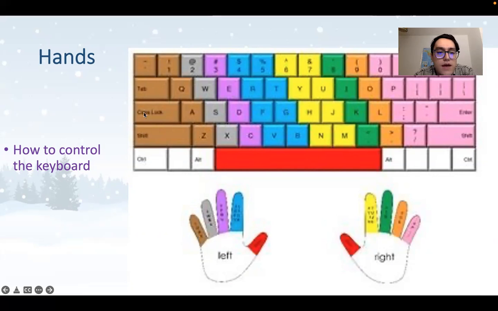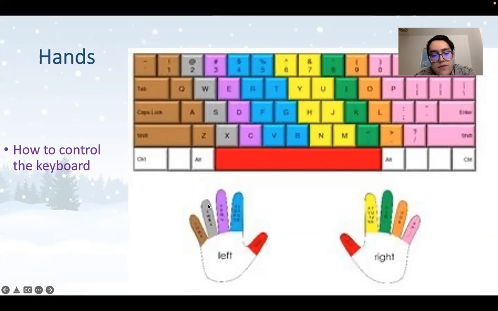So we have caps lock, Z, A, Q, 1, and you can see shift here. The pinky on your left hand controls the left brown part.